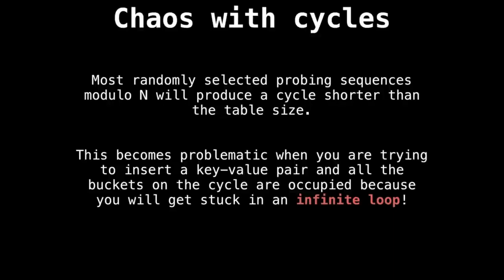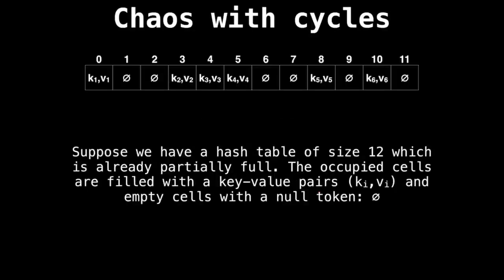So imagine your probing sequence just hops between 3 different values in cycles, and your table is of size 10, but you're only ever able to hit 3 slots because it's stuck in a cycle. And then all of those 3 slots are full. Well, you're stuck in an infinite loop. So this is very problematic and something we absolutely need to handle.